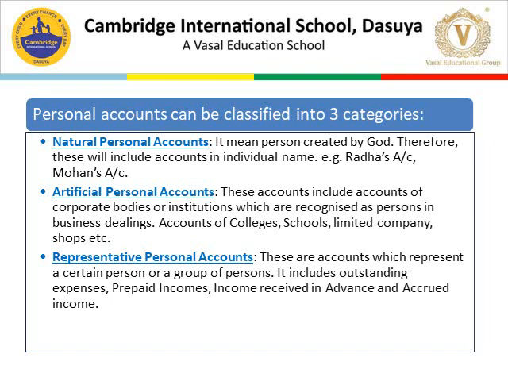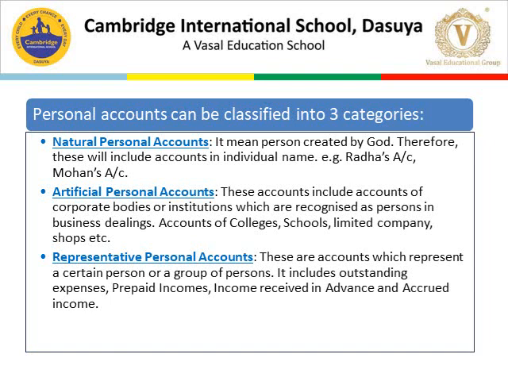Second is artificial person. Artificial person is a person in the eyes of law. These accounts include accounts of corporate bodies like Reliance Industry, Tata Industry, big industries, or institutions which are recognized as persons in business dealings.